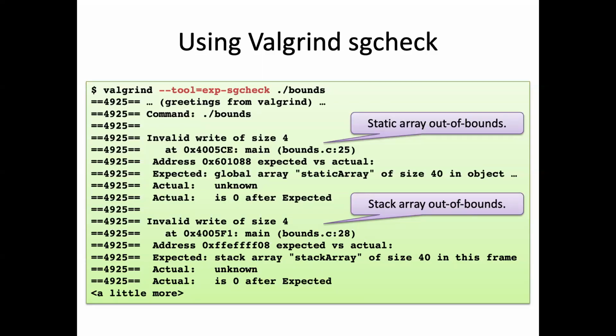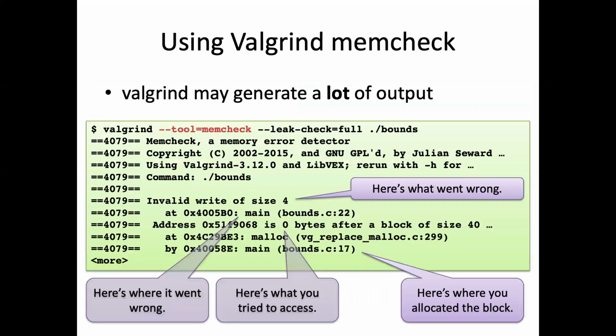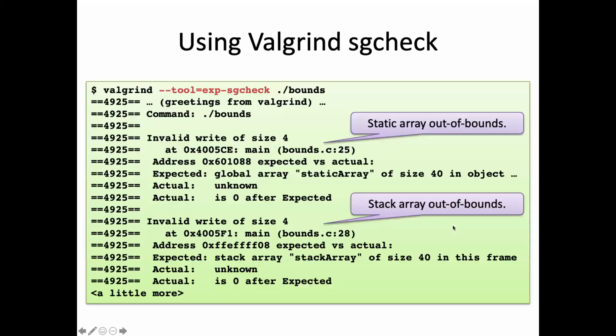I can answer that. I feel more comfortable reading this answer because this line, address, is almost the same thing. Address blah, blah, blah is 0 bytes after a block of size 40. And here, even though the format is different, I think it's saying the same thing. There, I would say it's talking about the starting address. All these arrays are 40 bytes in size. They're all 10 integers and each integer is 4 bytes. That's what it's saying right here.